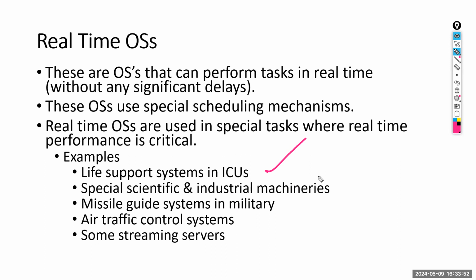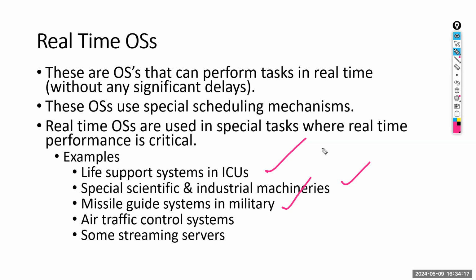And of course, real-time OSs can be used in special scientific and industrial machinery, because there are situations where you need to process trillions of data. Missile guidance systems are another possible use of real time. Remember, missile guidance systems can change their path dynamically.